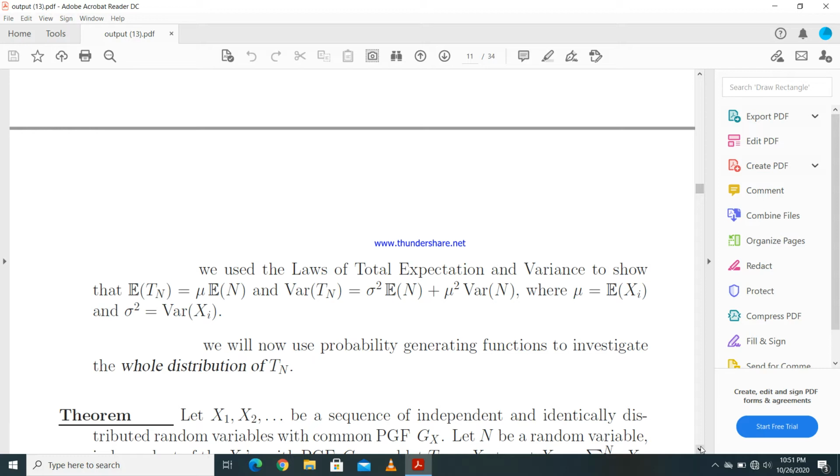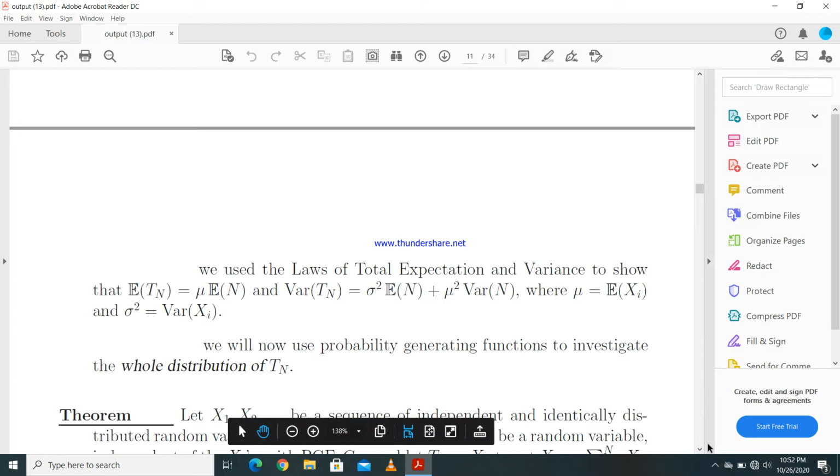Recall from stochastic processes 1 that the expected value of TN is equal to mu times the expected value of N, where mu is the expectation of the random variable X. The variance of TN, by the total variance formula, is equal to sigma squared times the expected value of N plus mu squared times the variance of N, where sigma squared is the variance of X. We found this using ordinary probability theorems, the law of total expectation and the law of total variance.